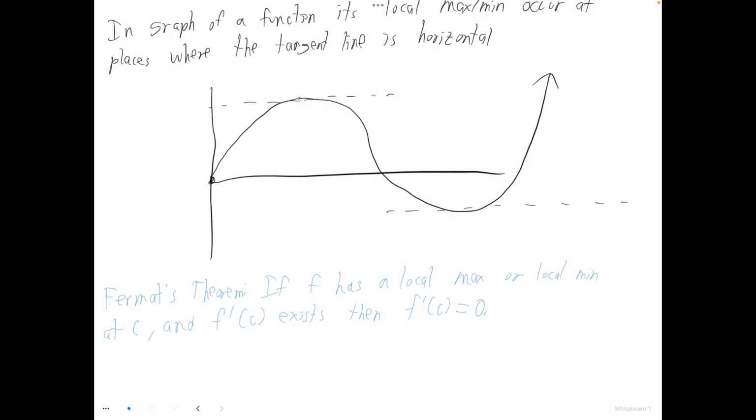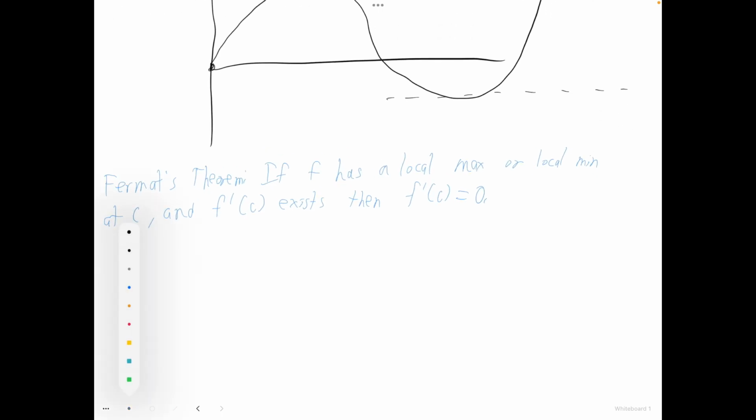Now, one thing to be careful of is that just because the derivative is 0 somewhere does not mean there is a max or min there. For instance, f of x equals x cubed has f prime of x equals 3x squared. So at x equals 0, f prime of 0 is 0.